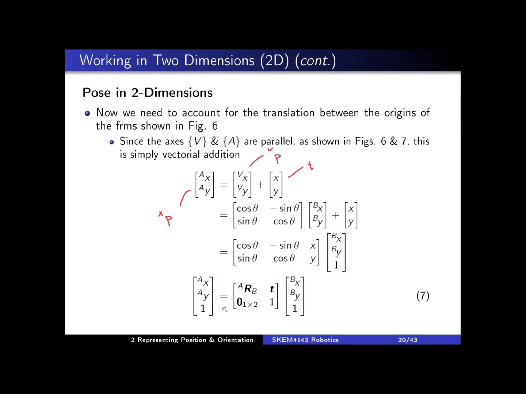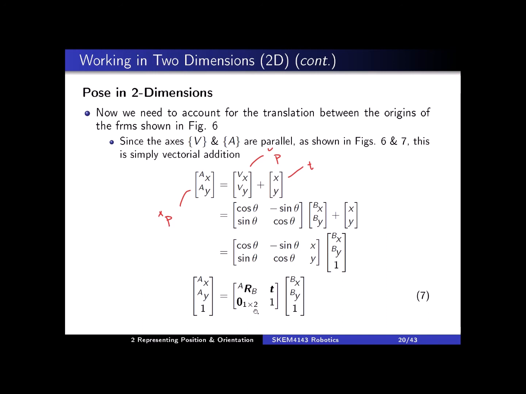And this matrix now contains the rotation matrix, which represents the orientation, and it also has T. T represents the position. If you recall earlier, I said the position of a coordinate frame is just the position of the origin of the coordinate frame with respect to another coordinate frame.